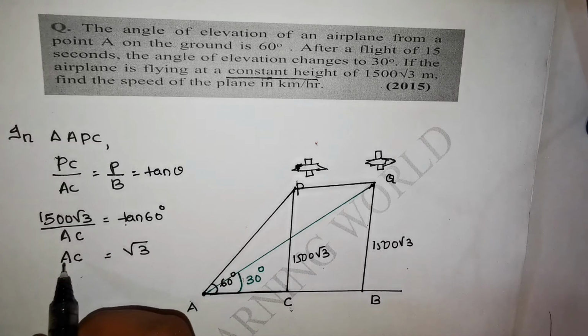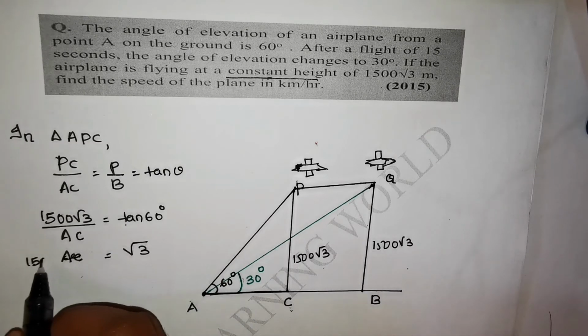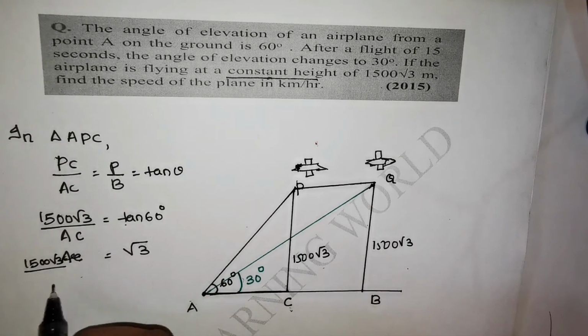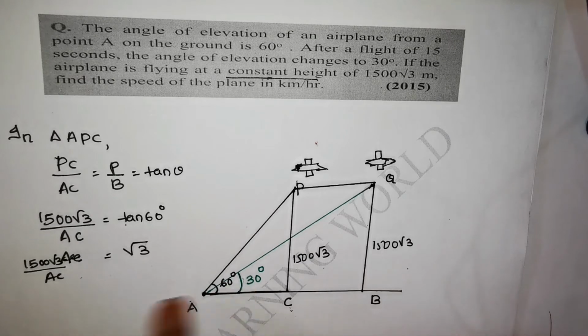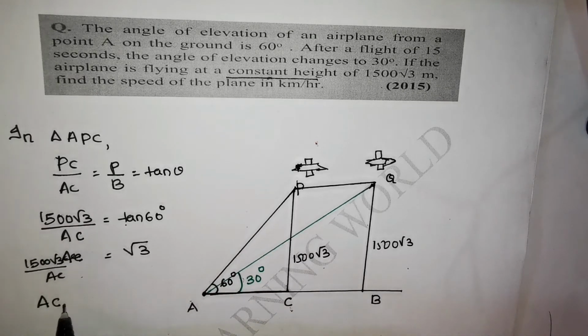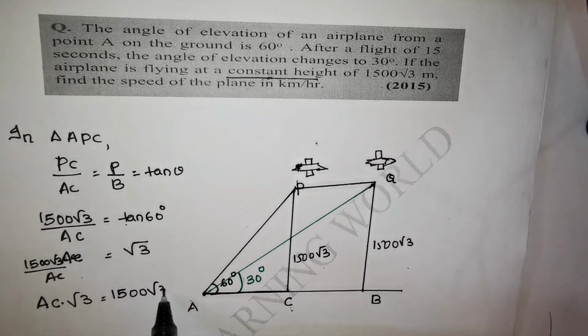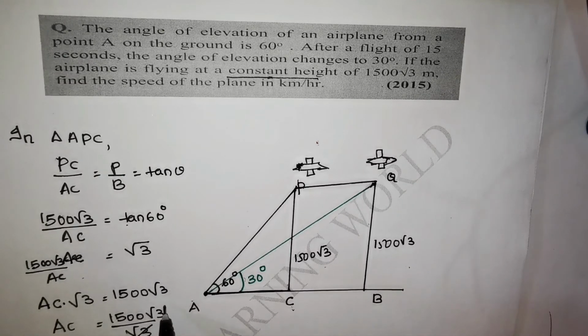Let me write 1500 root 3 here, otherwise it will become confusing for you. Next we can cross multiply: AC into root 3 is equal to 1500 root 3. So what is the value of AC? 1500 root 3 by root 3. I can cut this root 3 and root 3.